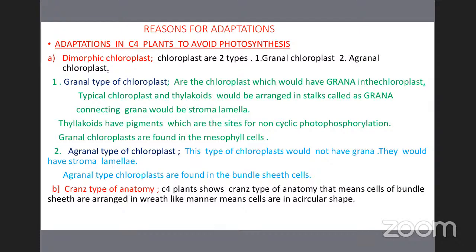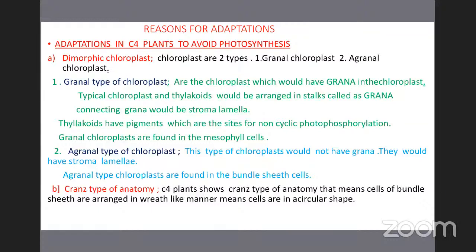Usually in normal plants, chloroplasts are of only one type. The normal structure of a chloroplast is a double-membrane-bound, ovoid structure. Inside these membranes is a gelatinous substance called stroma.